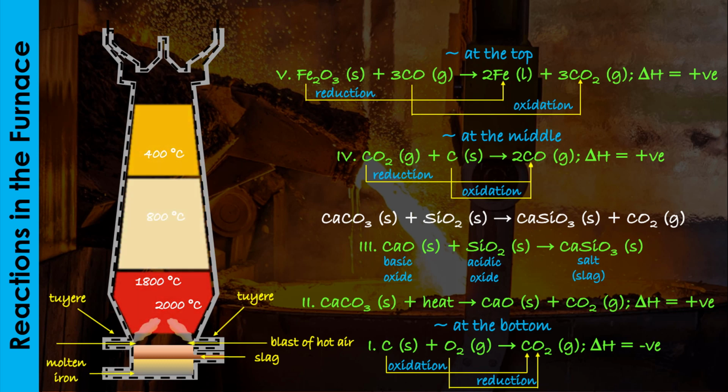The molten iron is then tapped off as pig iron for further purification, while the slag is used in road construction for road surfacing. The unreacted carbon(II) oxide gas in equation 5 and the carbon(IV) oxide gas produced in that same reaction with the unreacted nitrogen from the blast of hot air are given off as waste gases at the top of the furnace.